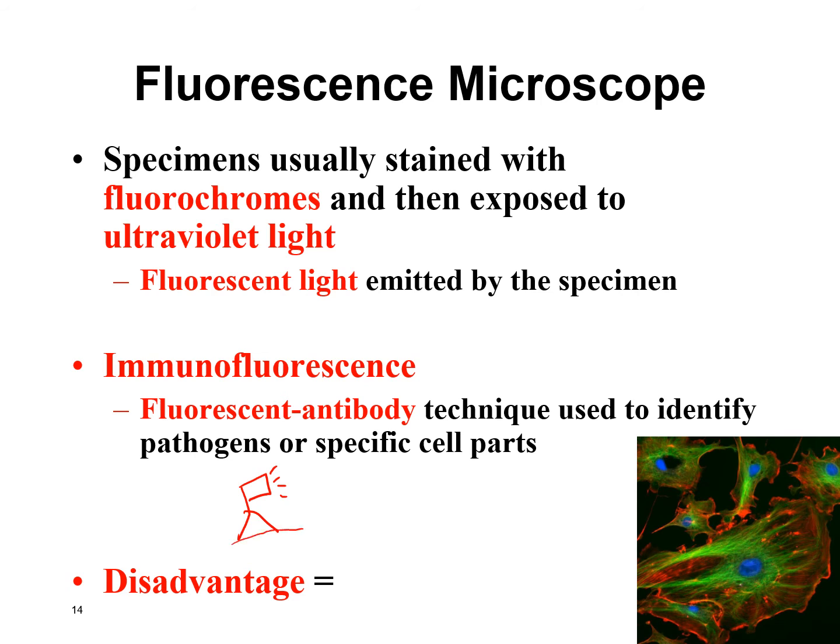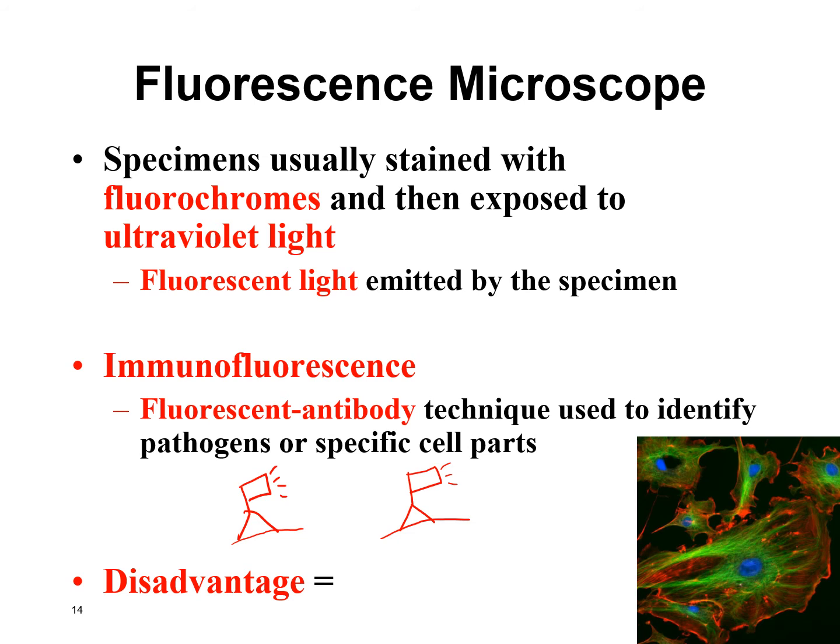And then maybe we've got different antibodies that will bind to the microtubules inside the cell. And maybe we've got a different fluorescent dye for that. So maybe we've got blue for the nucleus, and then we've got the green for the microtubules, and that allows us to pick out the different parts that are inside the cell. So you get these really, really pretty pictures with that.